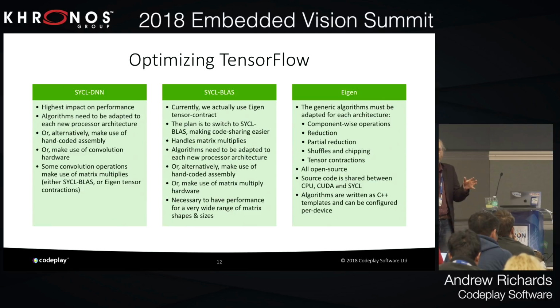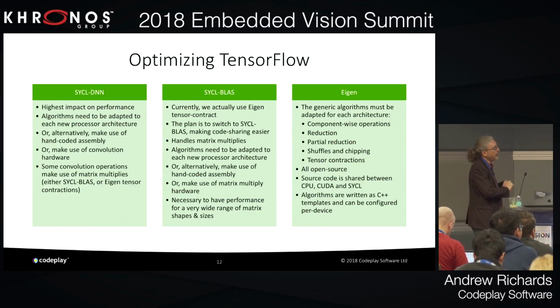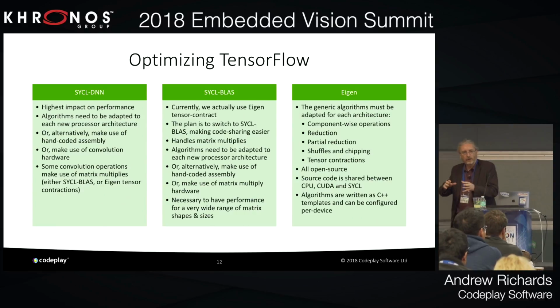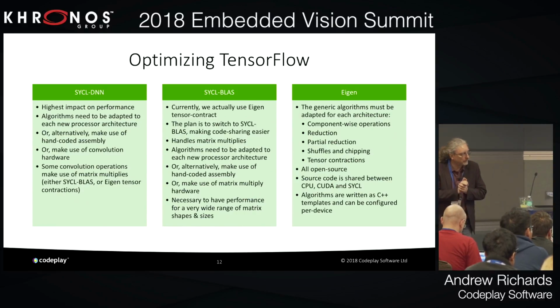When we look at profiles, you can see that the convolutions are generally what's taking up a large amount of time and what's a problem on non-NVIDIA hardware. And what we've discovered, and I'm going to show you in some numbers in the next slide, is that you need to adapt the algorithms quite extremely to different sizes and shape of convolution.